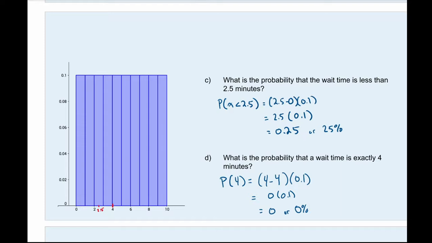And this does make sense, because in order to get an exact single value in an infinite number of possible outcomes between 0 and 10.